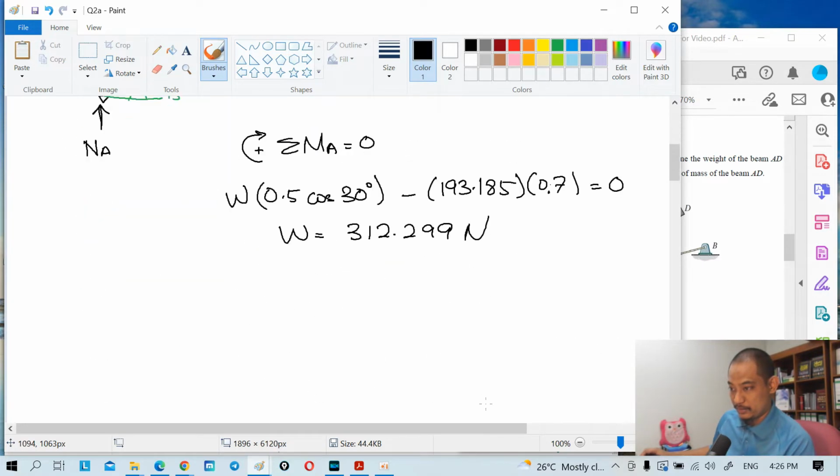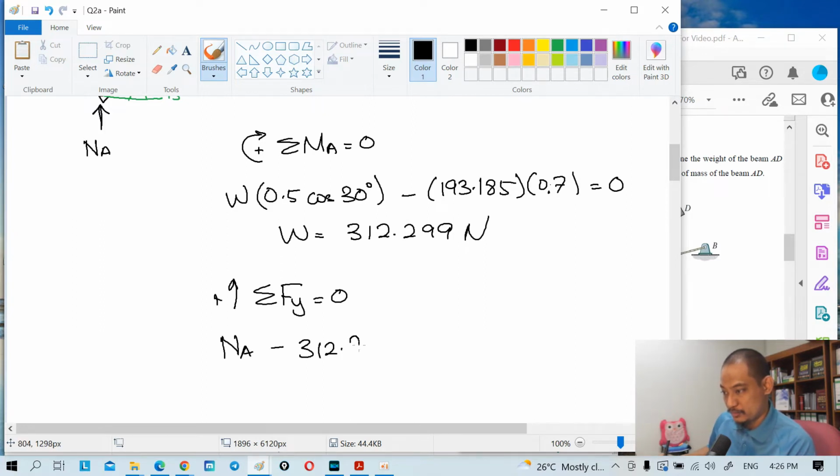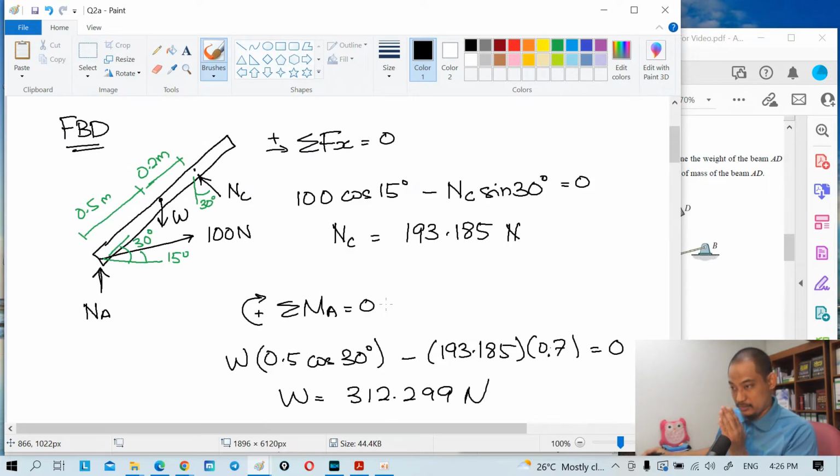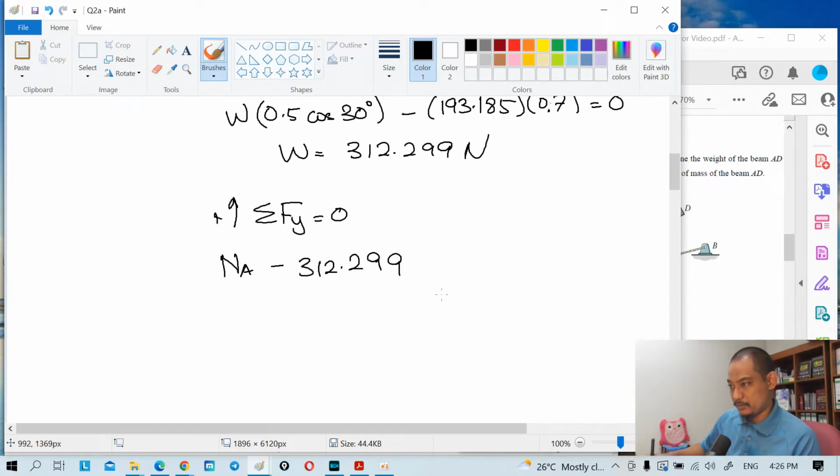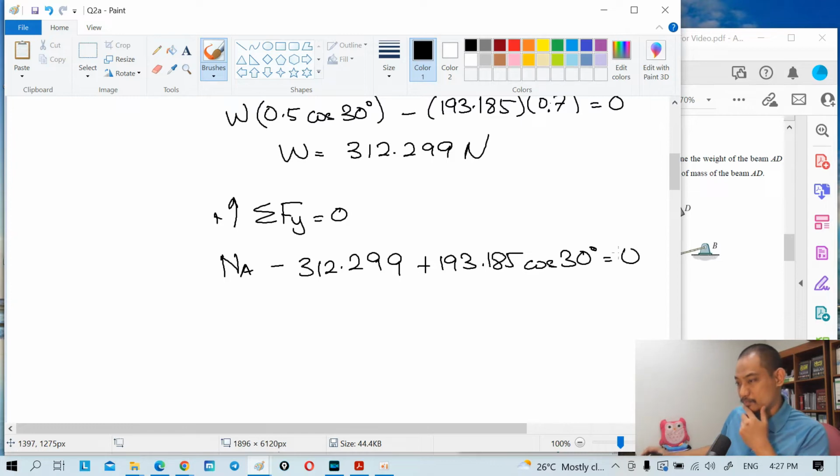Now we can solve for the remaining one, which is NA. So summation of Fy equal to 0, taking upwards as positive. So NA minus the weight, 312.299, and then NC cos 30, which is 193.185 cos 30 degrees, equal to 0.